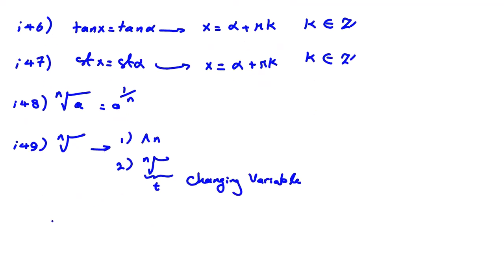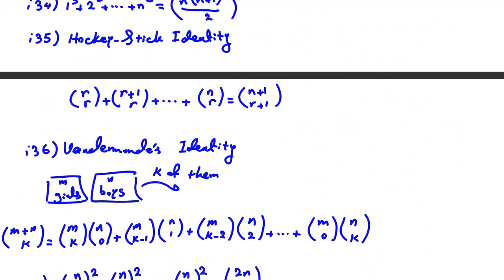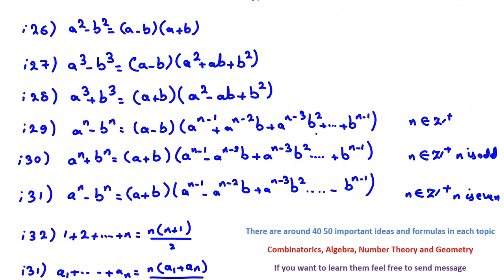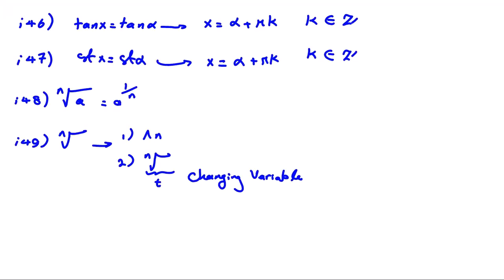As homework 16, because I told you these things, let me tell you which identities. Homework 16, you can solve by using these identities. Now, this problem is related to logarithm, AMC 12A 2022. Also, in many other years, we have logarithm.